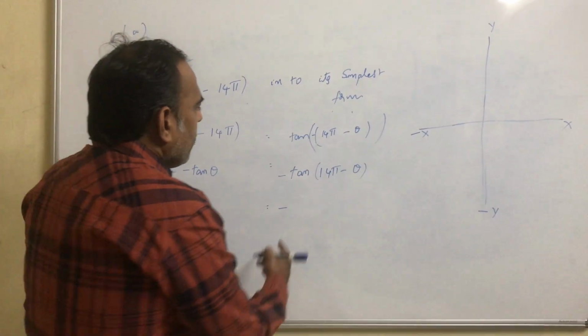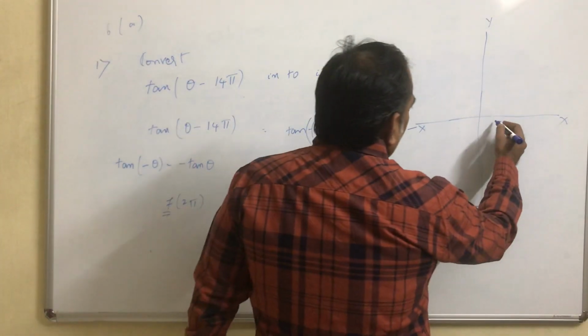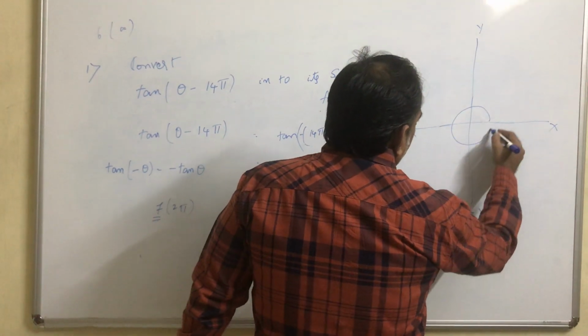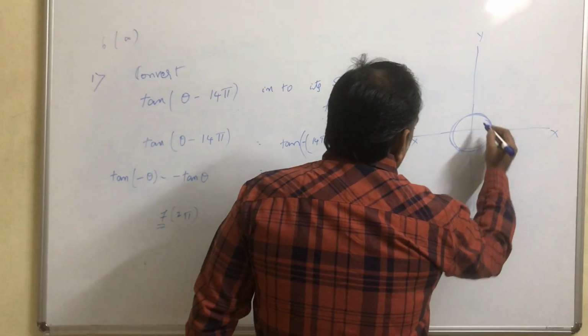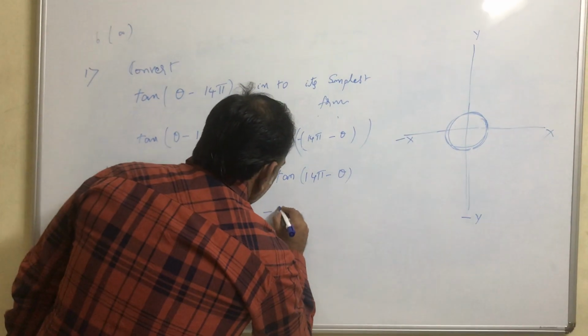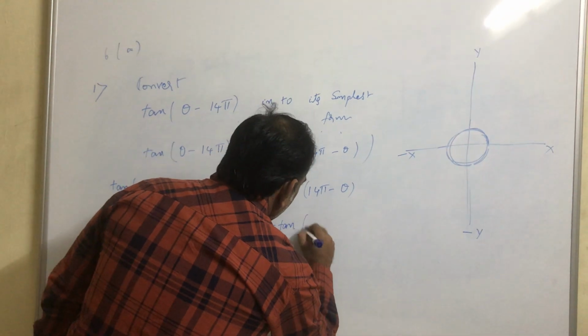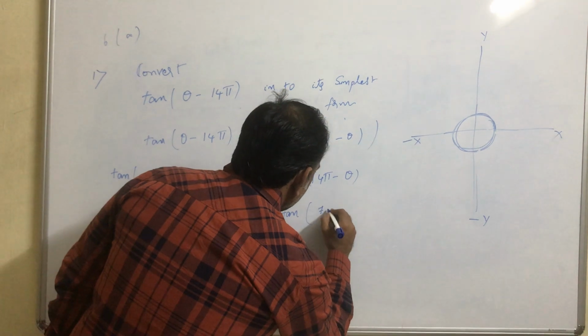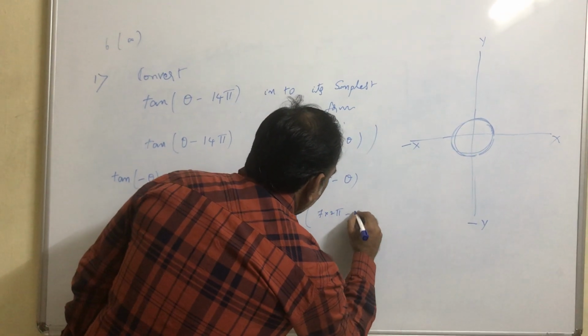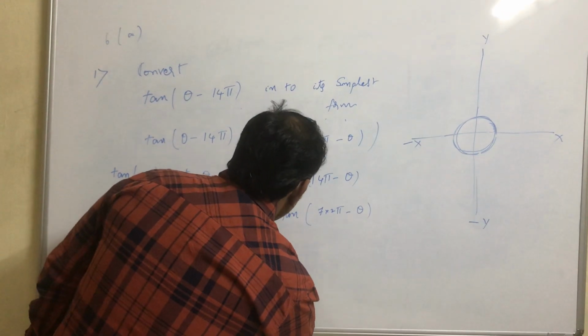That is the meaning. Now, what is 14 pi? This is one rotation, this is second rotation, this is third rotation, like that. So, tan of 7 into 2 pi minus theta.